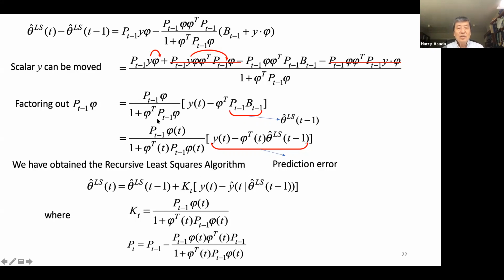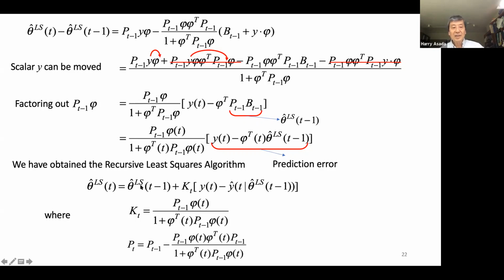Now we know this gain K_t, so K_t is this, and P_t can be computed recursively through this. So this is basically to conclude the algorithm, right? Again, the previous estimate is to be corrected incrementally based on the prediction error multiplied by this.